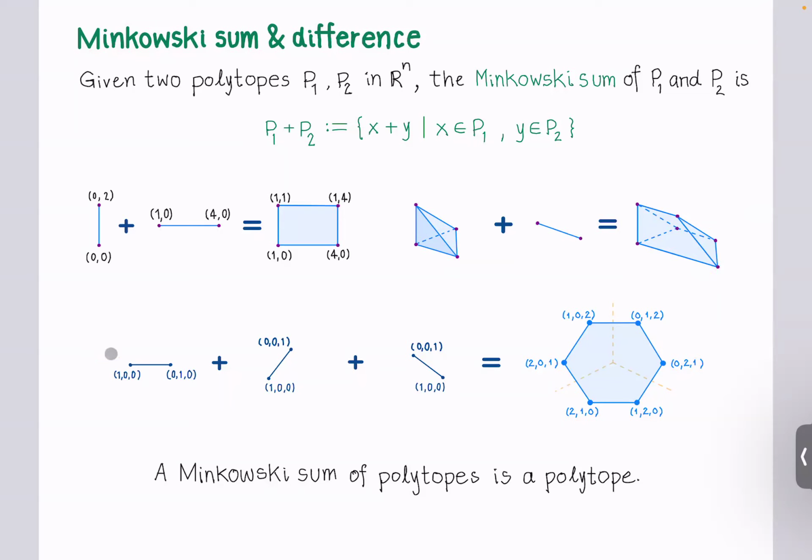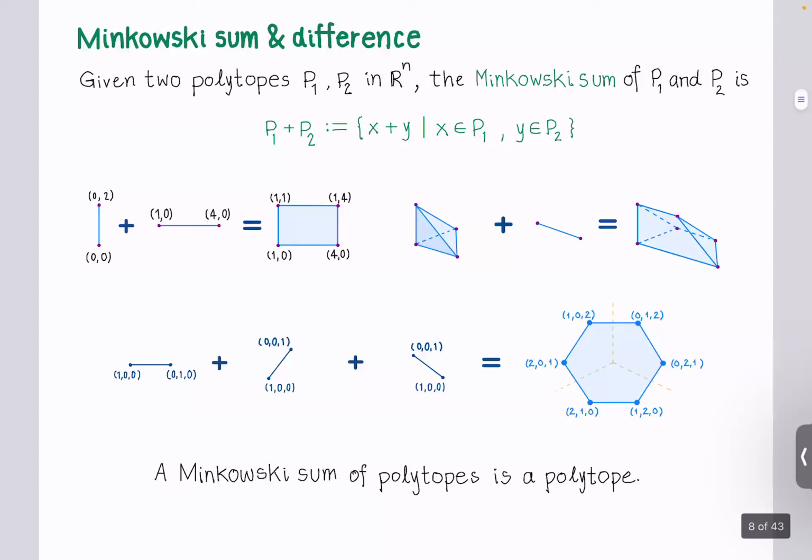And this is also in R3, but I add a line segment that looks like this, and I add them up. I get a hexagon, with these vertices. Note that the Minkowski sum of polytopes is going to give you a polytope.